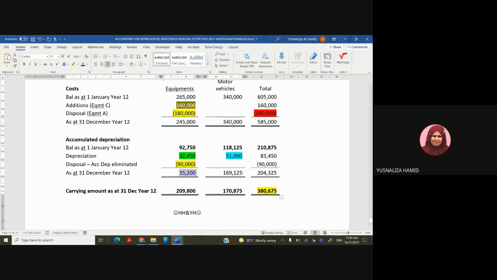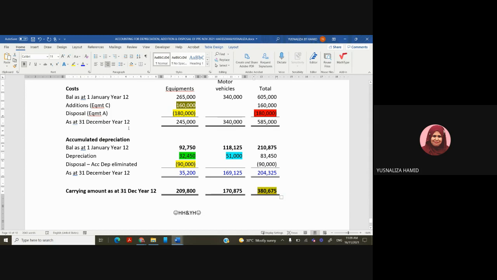Then total up here, no changes, just the depreciation, 169,125, and you get 204,325. The carrying amount would be 245 minus 35,200. 340 minus 169,125, you get 170,875.